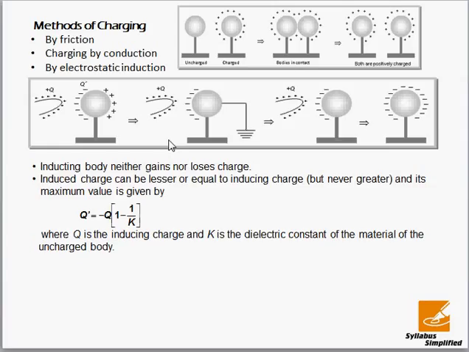As we studied the last day, a body acquires charge whenever it has excess or deficiency of electrons, because electrons are loosely bound to the atoms.